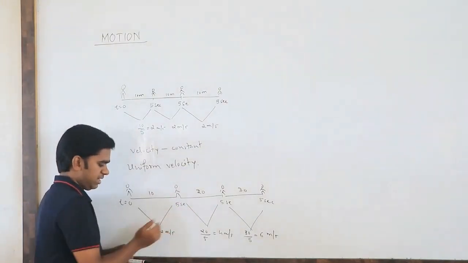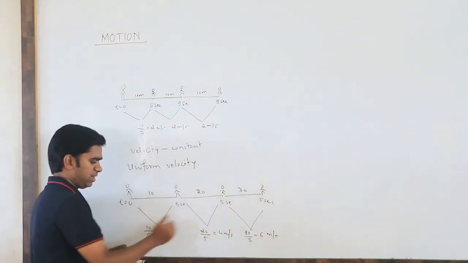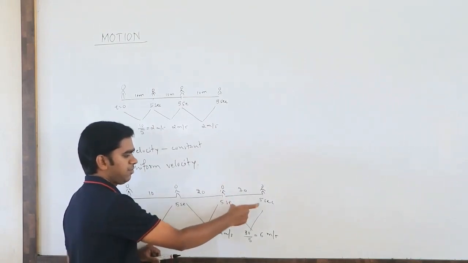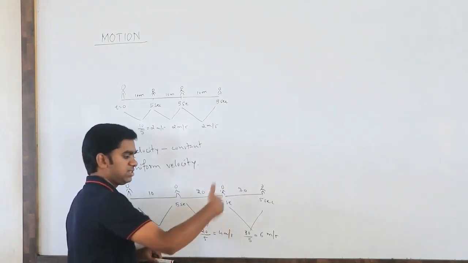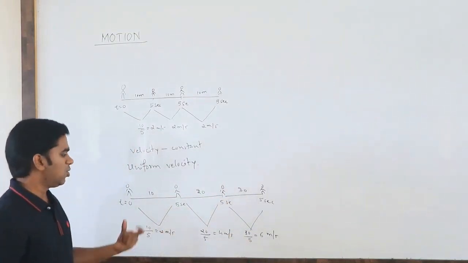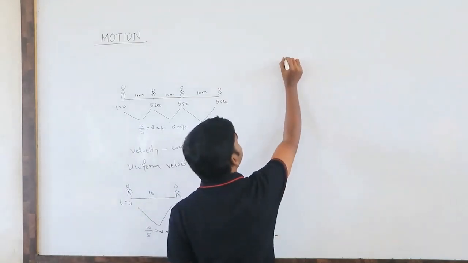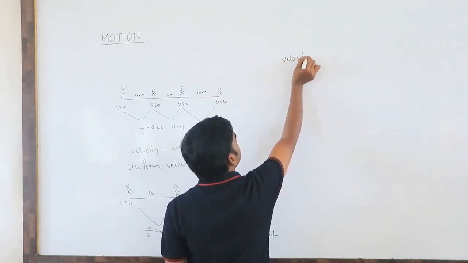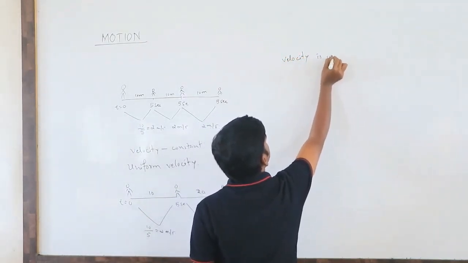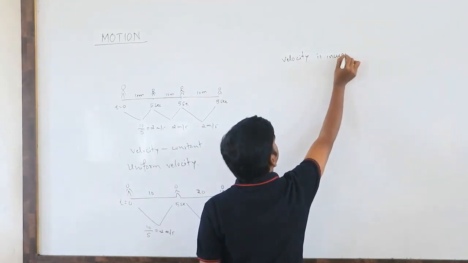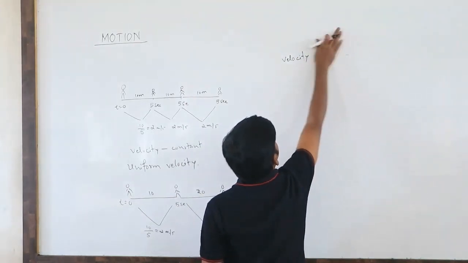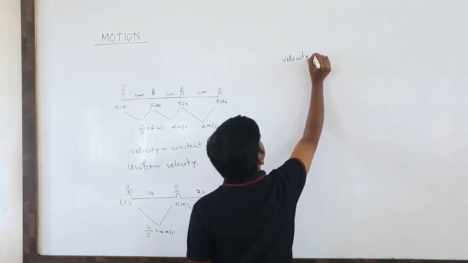After 5 seconds it becomes 4, it becomes double. For the next 5 seconds, velocity is again 6 meter per second. What is happening? Velocity is increasing. So I can simply write velocity is increasing.